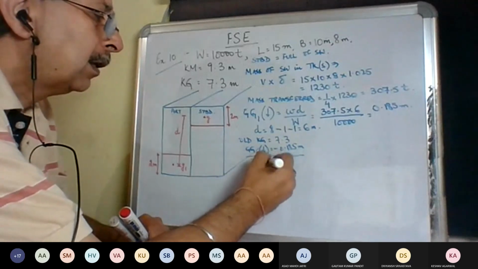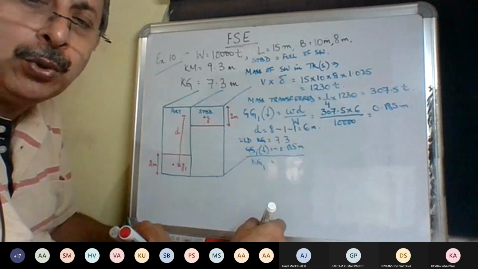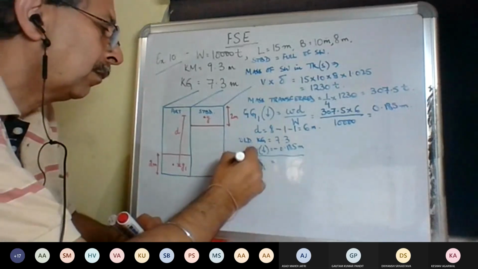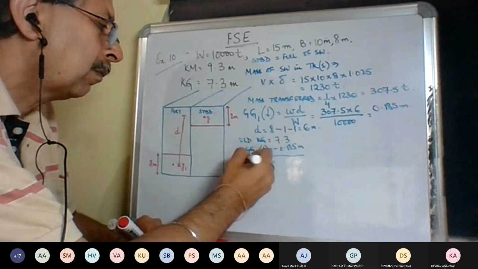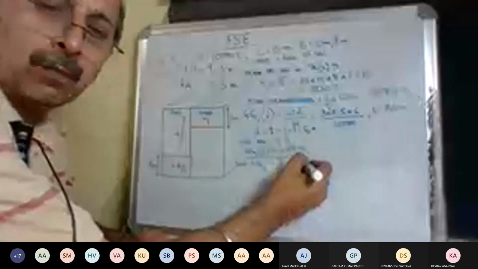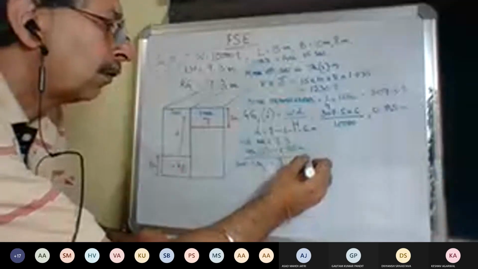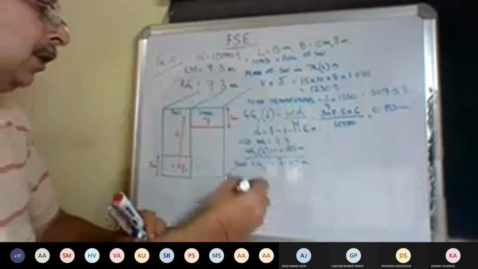So KG1 will be how much? That is your new KG. So 7.115.